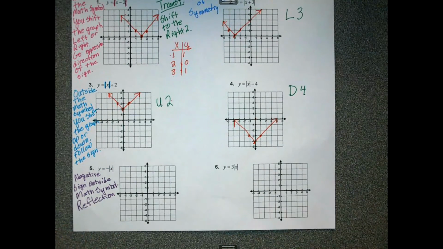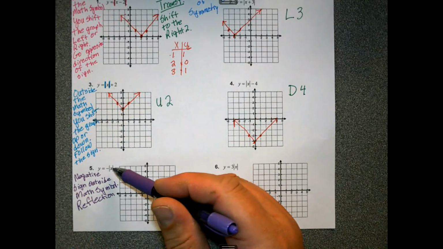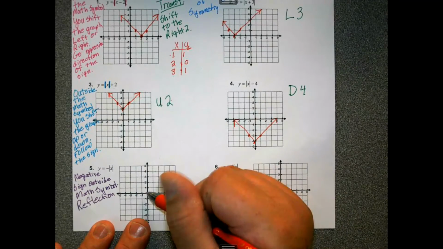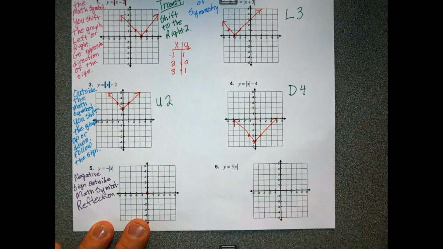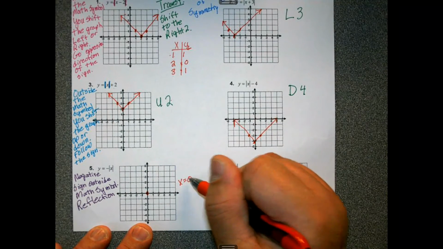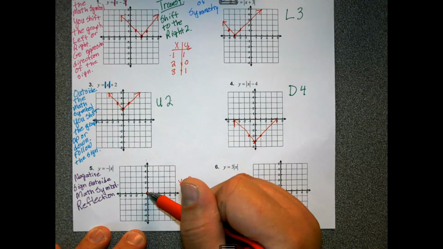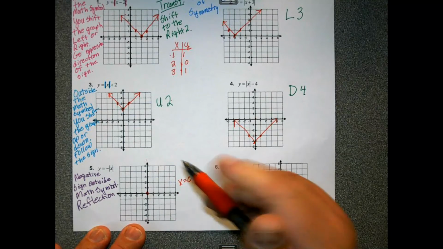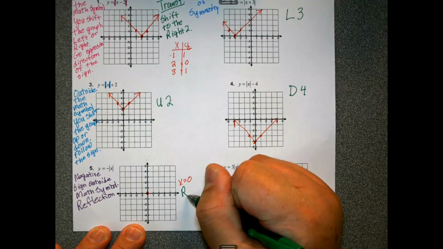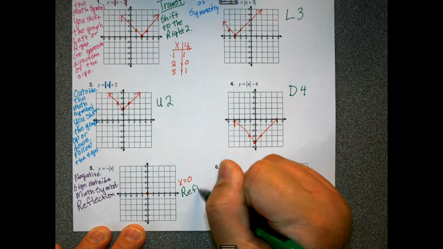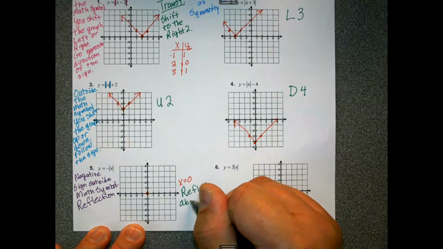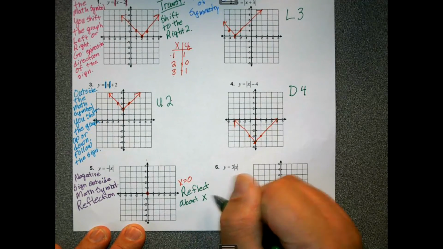Now, in this problem, because our vertex is 0, 0, our x equals 0, right? The line of symmetry. So our x value is 0. We're going to reflect, our transformation is reflect, and you're going to have to write down reflect about the x axis.